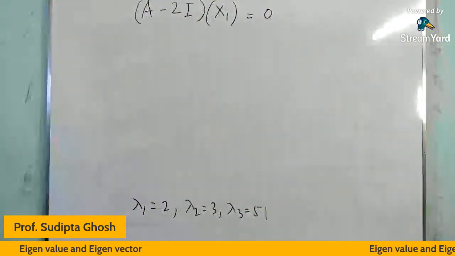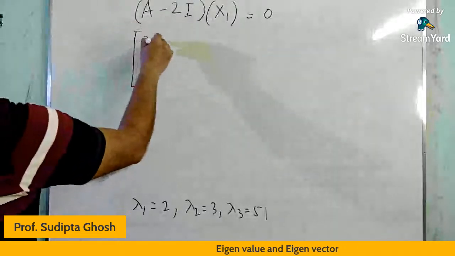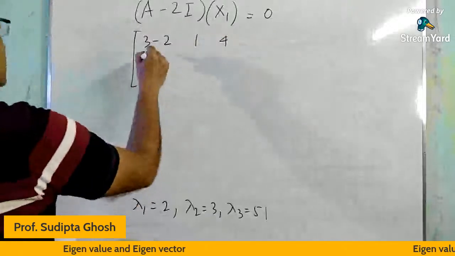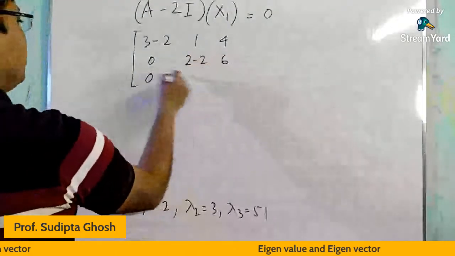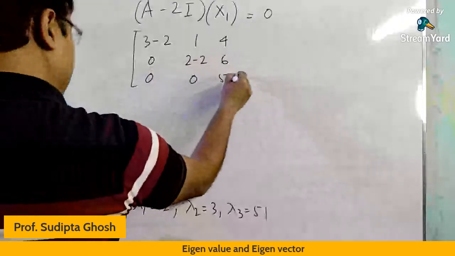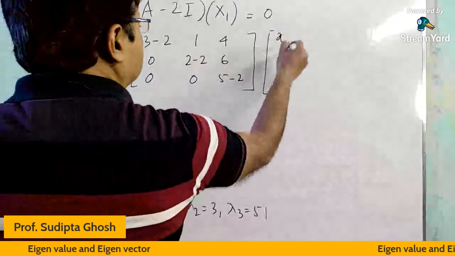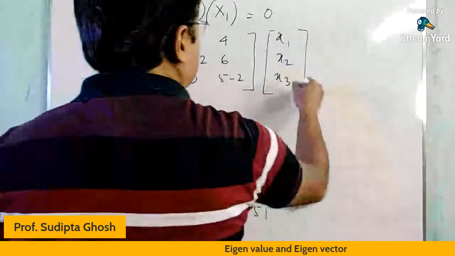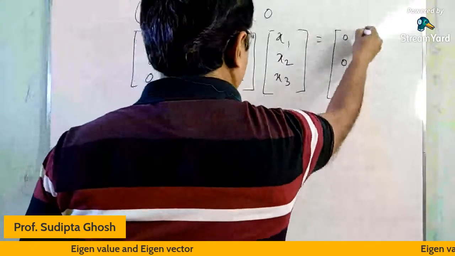So A minus 2I. Now what will be A minus 2I? It will be 3 minus 2, 1, 4, 0, 2 minus 2, 6, 0, 0, 5 minus 2, and x1 is written with elements x1, x2, x3, and 0 is also written as 0, 0, 0.